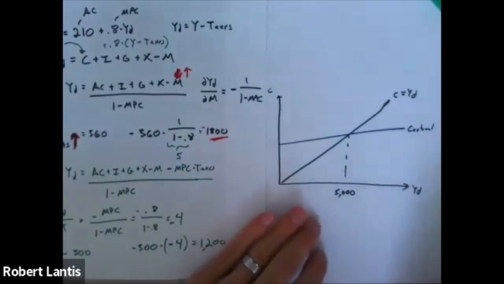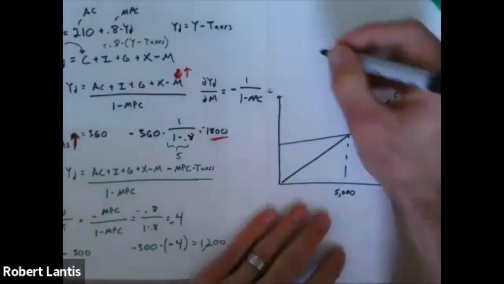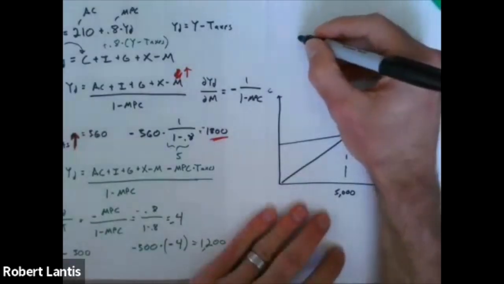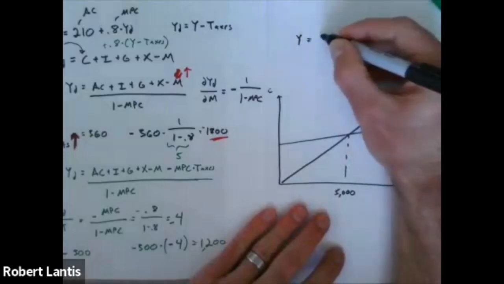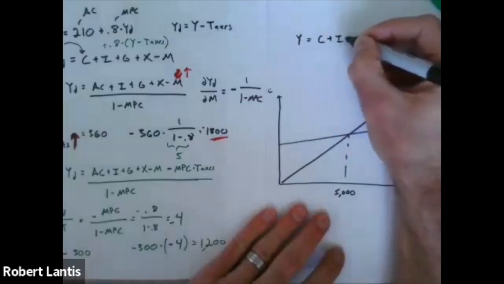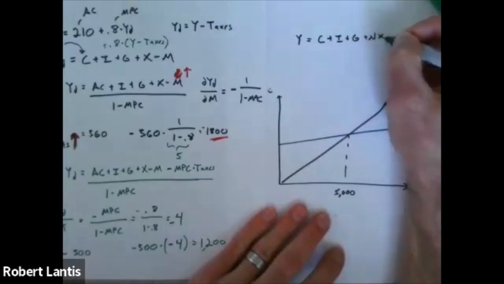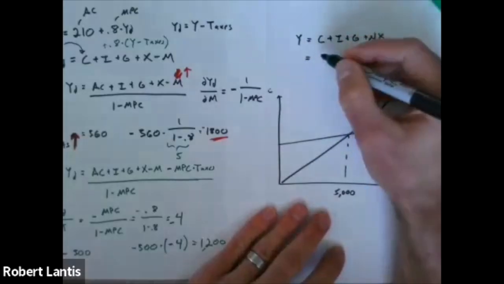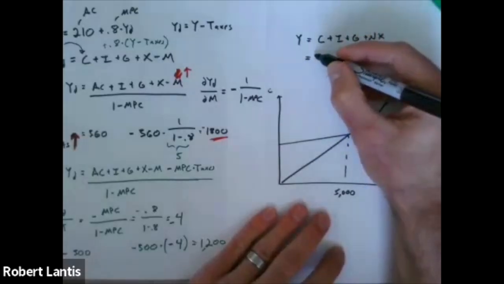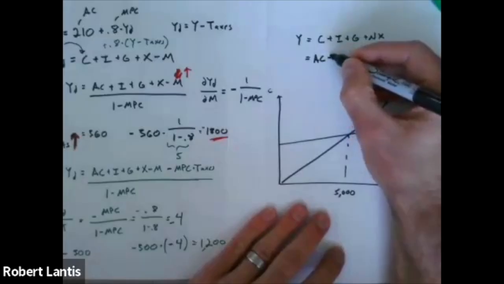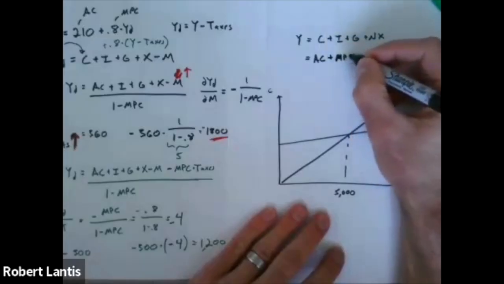If taxes go down, right? So in this example, we could think about what is my real level of GDP? It was C plus I plus G, and we'll just do net exports here. And then we can think about here, we've got autonomous consumption plus marginal propensity to consume.